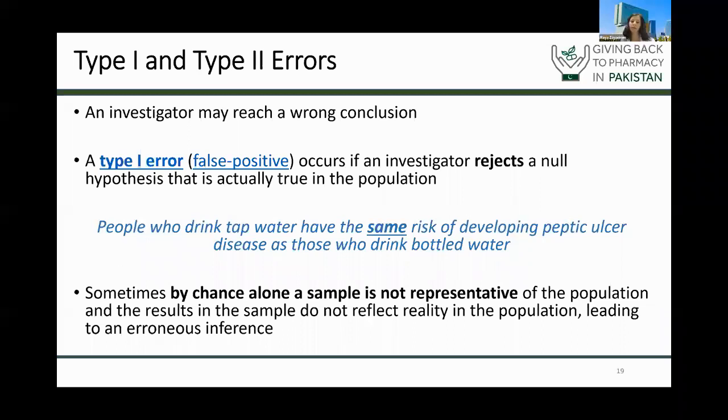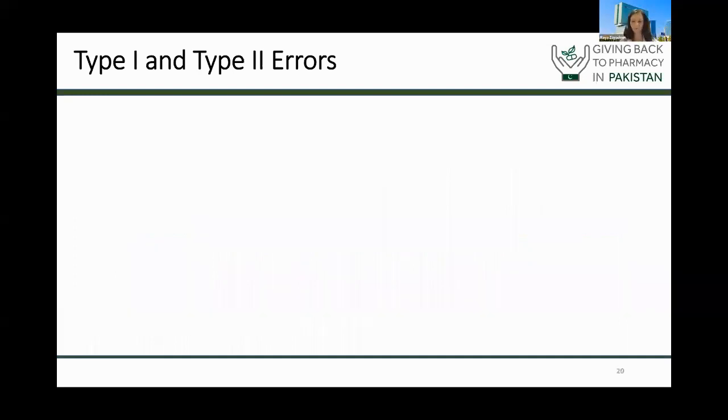Meaning that if someone else does the exact same research, they also randomly sample people who drink tap water and compare them to people who don't and who drink bottled water, they may reach a different conclusion. Not because your research was wrong, it's because you were unlucky and you had that error by chance and your sample was not representative.